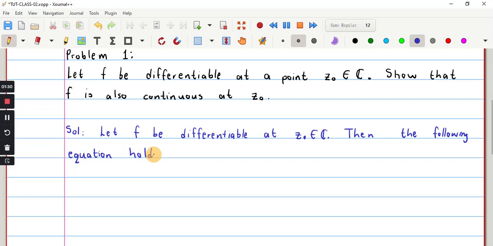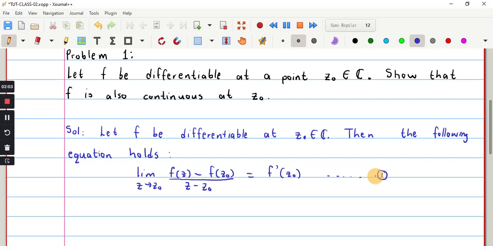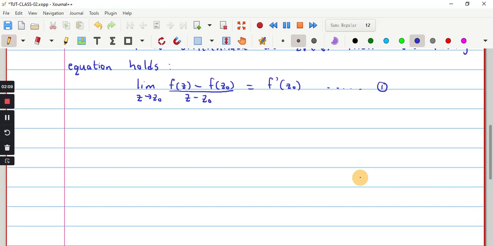What is the equation? The limit as z approaches z0 of f at z minus f at z0 all over z minus z0 is equal to f prime z0. This equation holds. Let me mark this equation by equation 1.